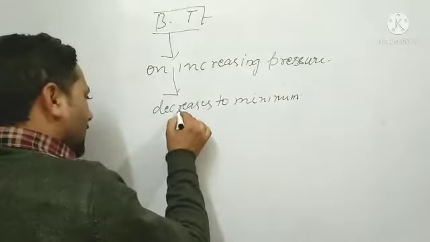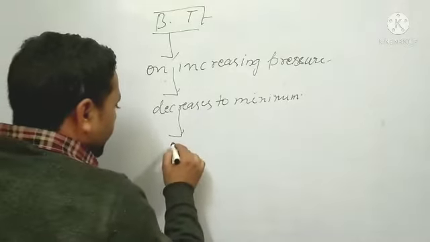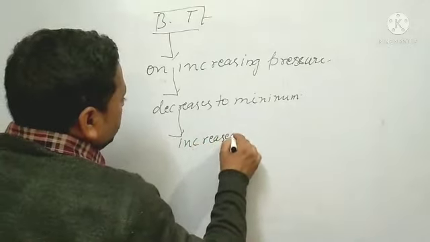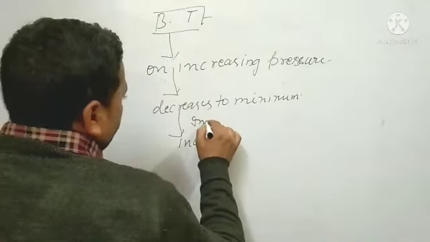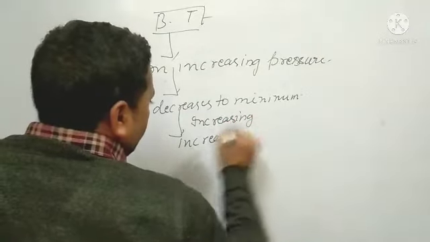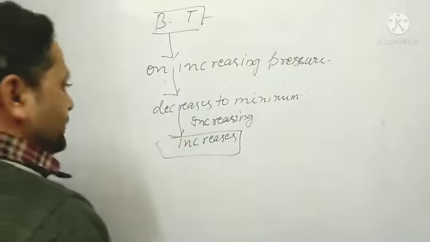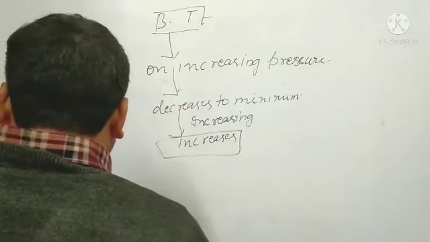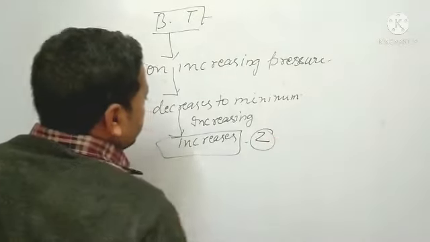And further on increasing pressure, the deviation increases. Pressure increases and the value of Z also increases.